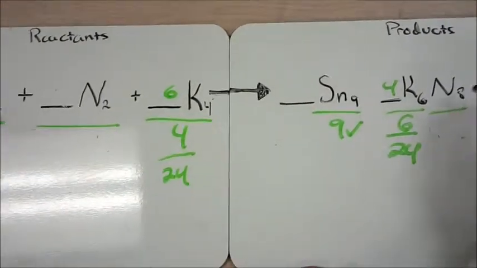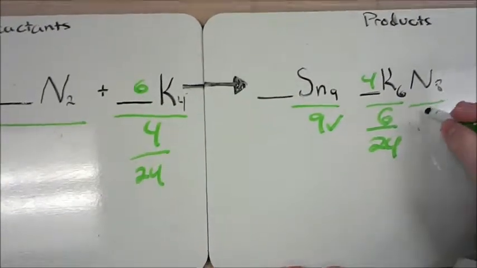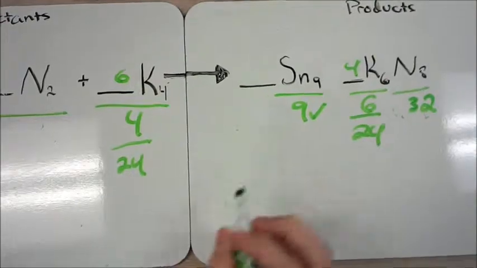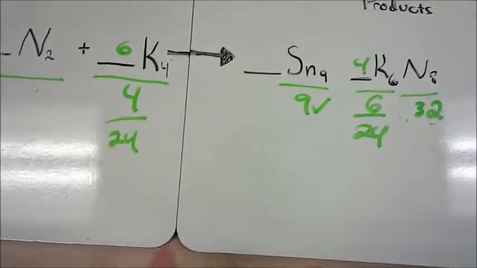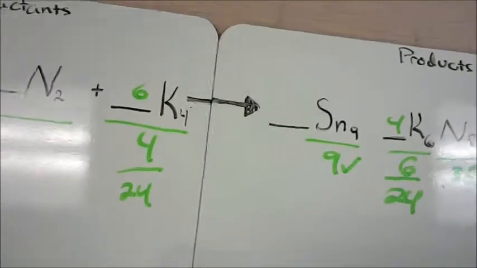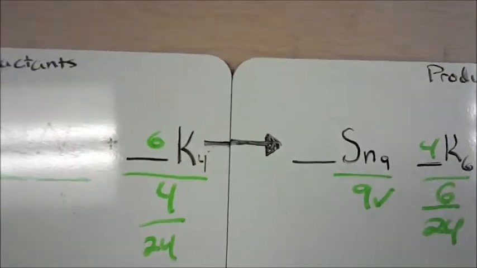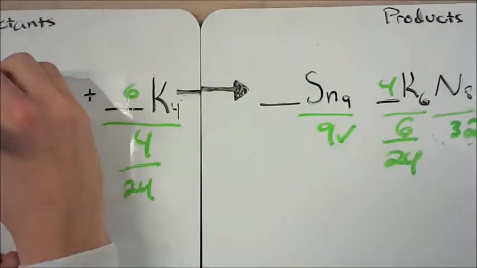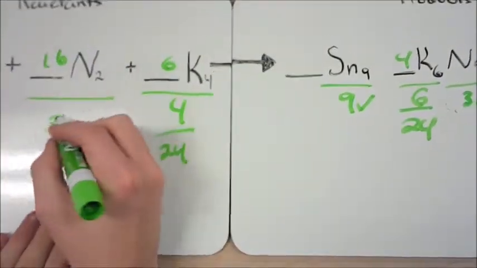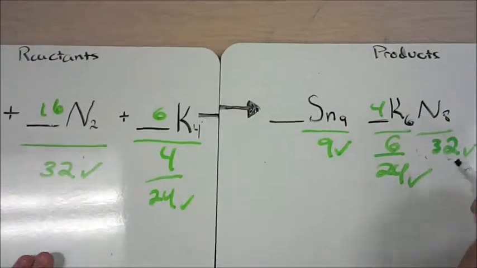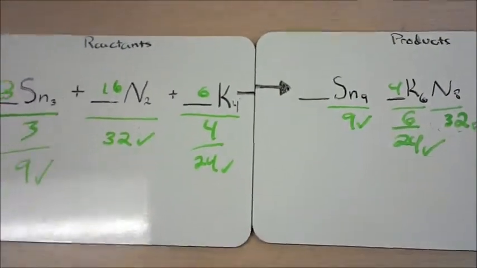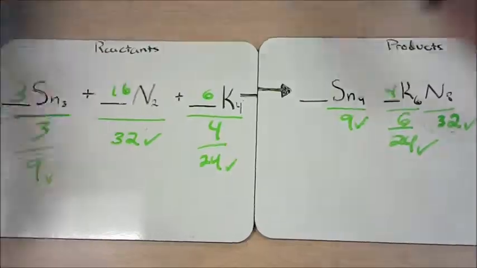So then you have 4 times 8, which is 32. And then over here you have 2. So to get to 32 N atoms from 2 N atoms, you're going to have to multiply by 16, and you're going to get 32 N atoms. And this is going to check out. Every atom is going to be balanced with each other.